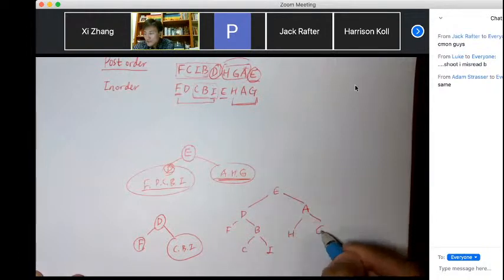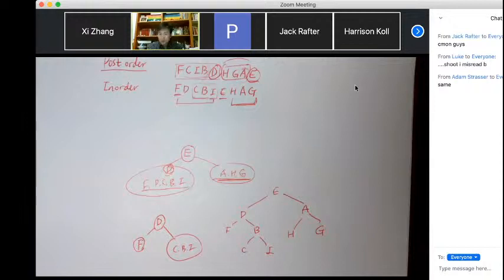So if you apply the post-order and in-order traversal at the same time, you will be able to identify the structure of the tree. Okay, so let me go back to the midterm exam solution. So that's why you have this as the solution of this tree structure.